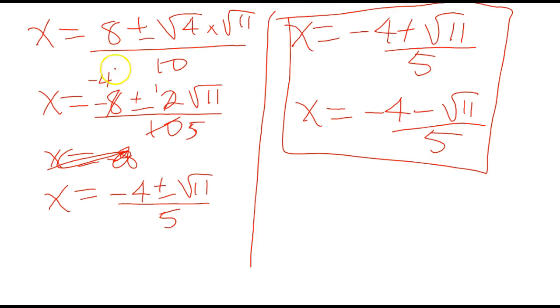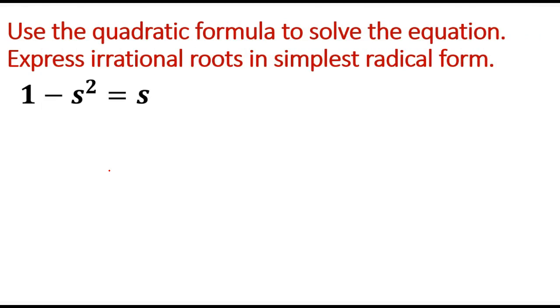Okay, that is that. Let's see if we can do one more. Okay, so same thing here. We make everything be on one side. Now here you see that the x squared is negative, so we want to move it to the right. Add x squared to both sides so that it becomes positive here. And then we're going to subtract 1 from both sides.